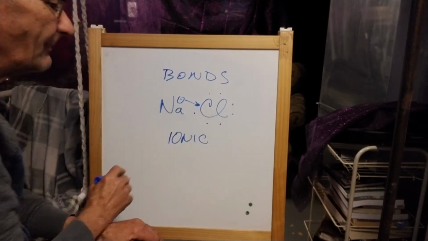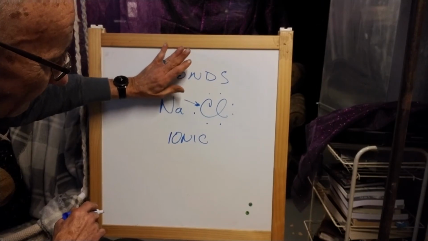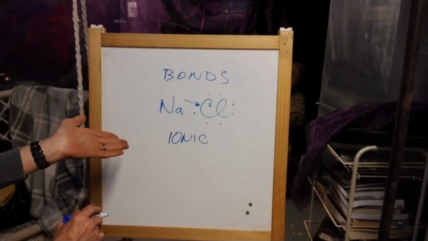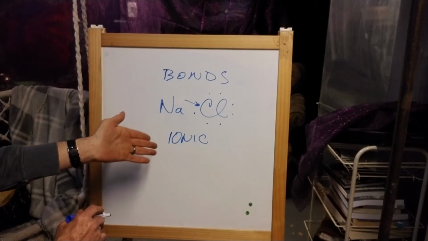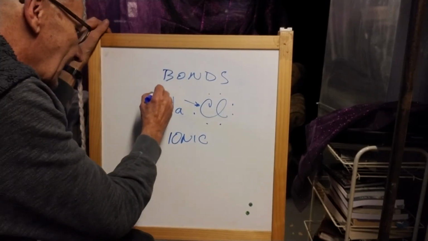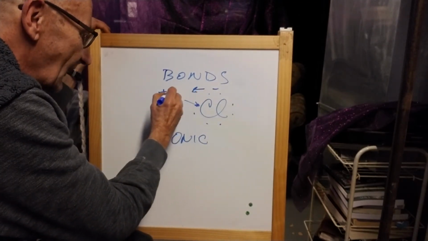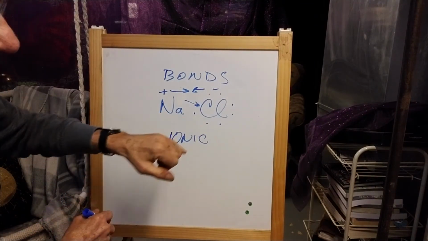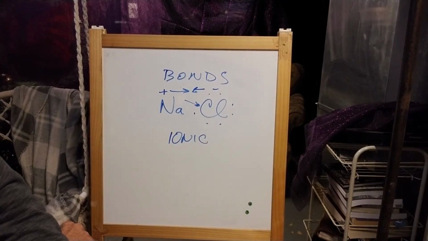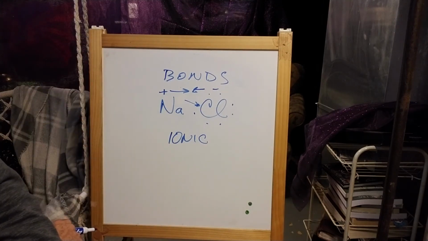If sodium comes by and he says, I got 8. And now he is minus that 1, which actually he's happy about, because now his outer shell is actually full. He lost that 1 that was hanging out there. This becomes plus charge. This becomes minus charge. And as we all know, positives and negatives attract. And the 2 ions, the sodium ion and the chlorine ion, come together like magnets. And that's the salt that you eat.